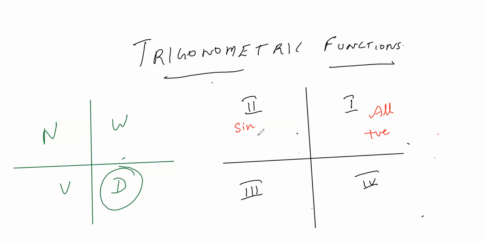Third quadrant, tan is positive. Fourth quadrant, cos is positive. Which means all other trigonometric functions are negative. My duty here is to make sure you remember this.